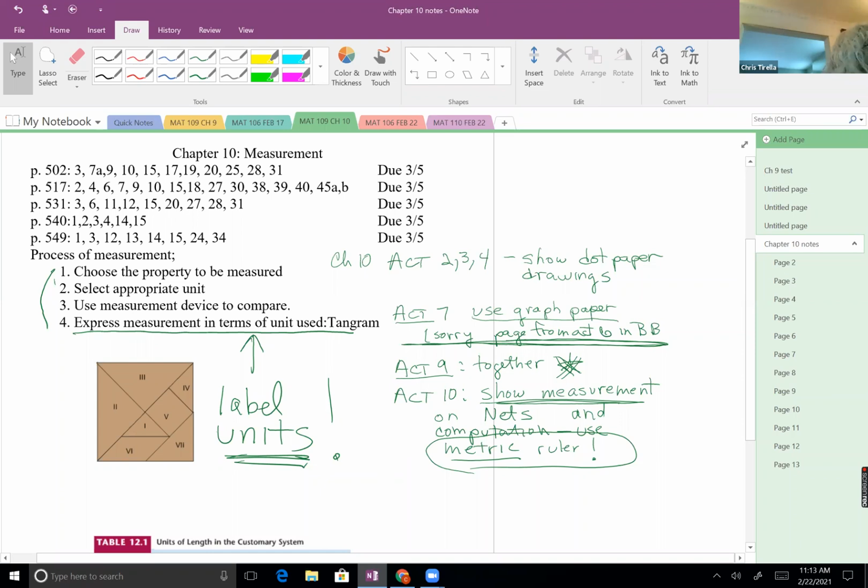But anyways, it wasn't labeled correctly. It was built in the wrong units, and that was why it exploded. So it's really important when you do anything with measurement that you label your units. Okay? Have any of you heard that story before?